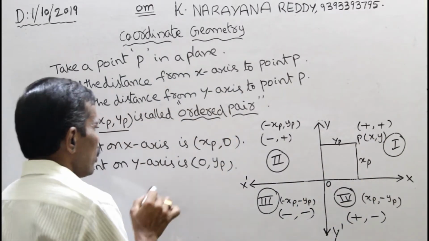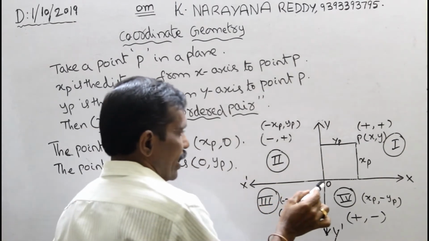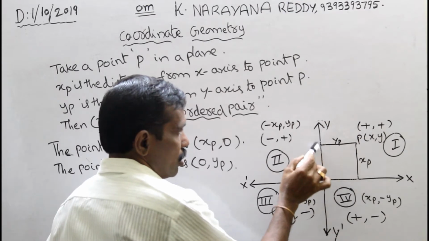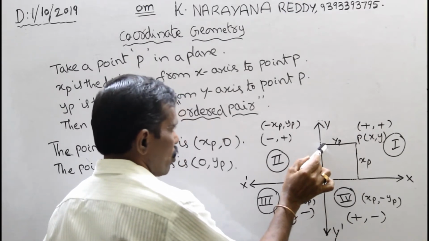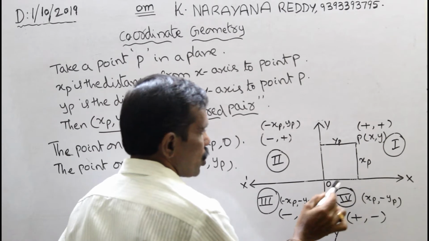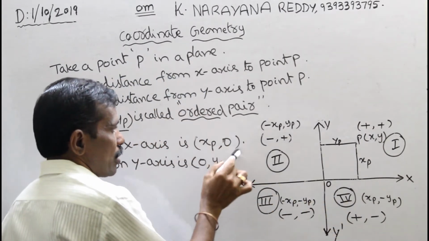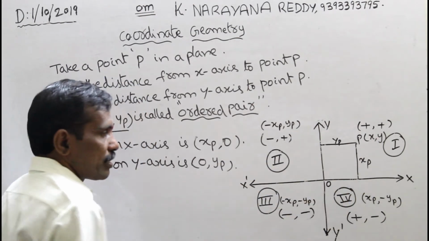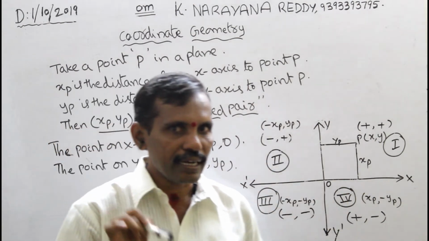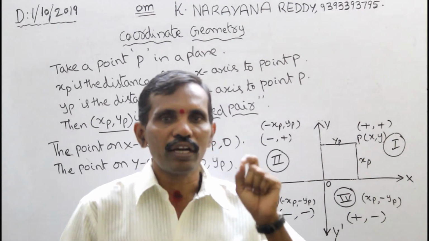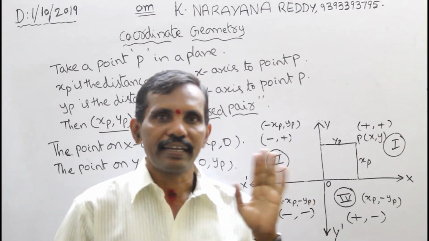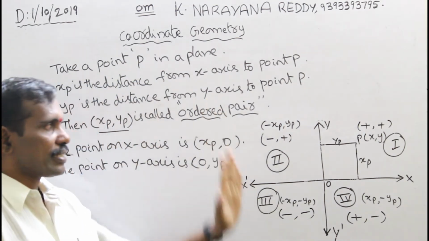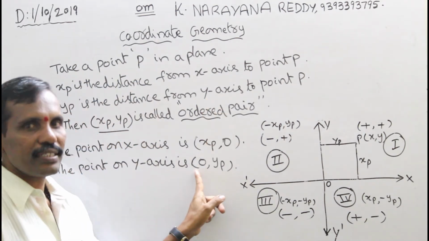In the same manner, 0 comma yp. x is 0, y is yp here. So this xp comma 0 lies on the x-axis. That means the point on the x-axis contains y coordinate 0.